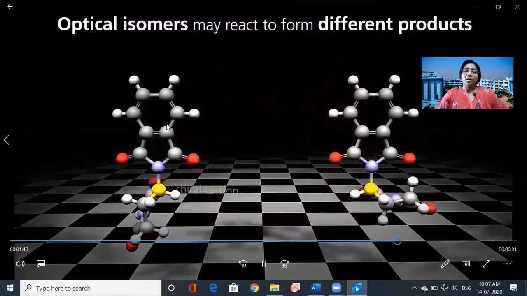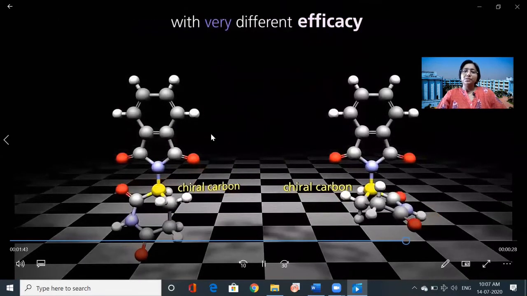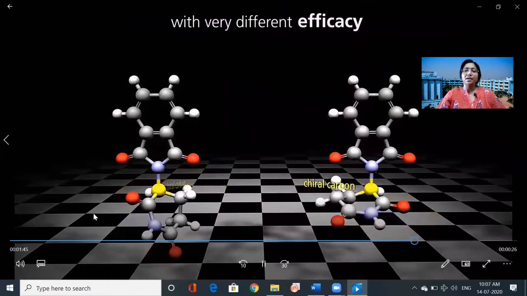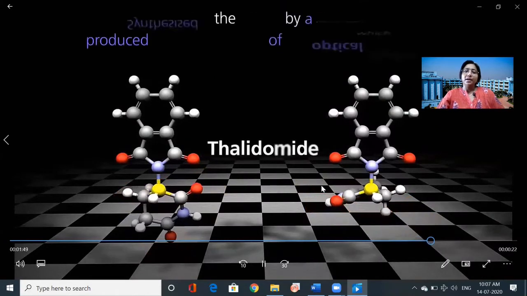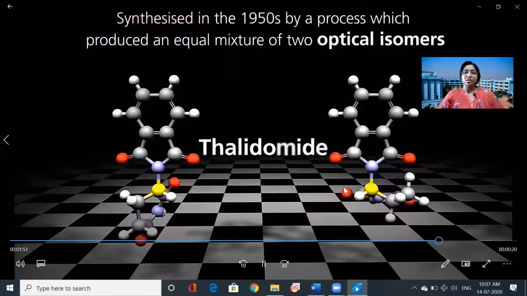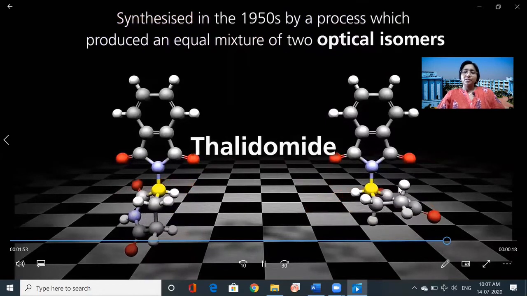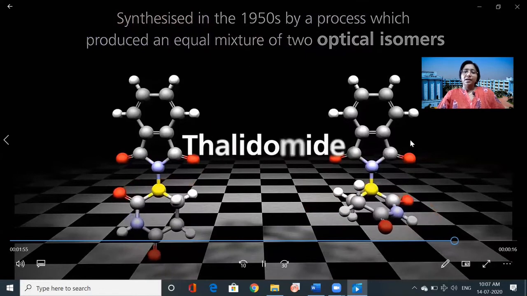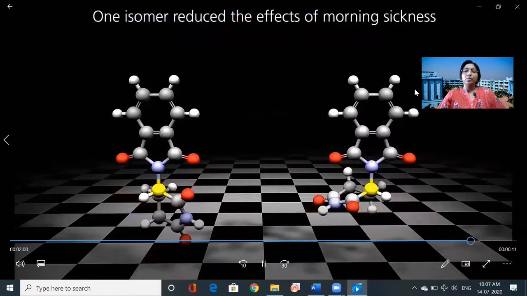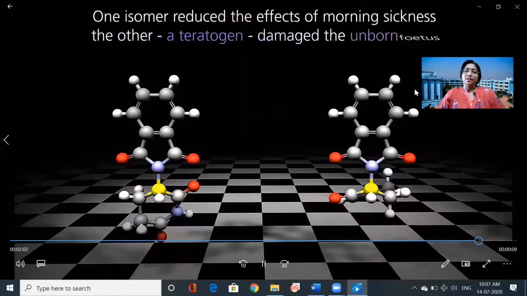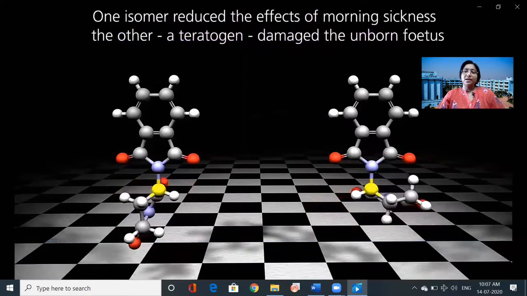All organic molecules have a 3-dimensional representation. Here it is the carbon, and it has 4 bonds. These are different examples. You can see how it is moving, what the optical isomers are, what the optical activity is, and what the chirality is.